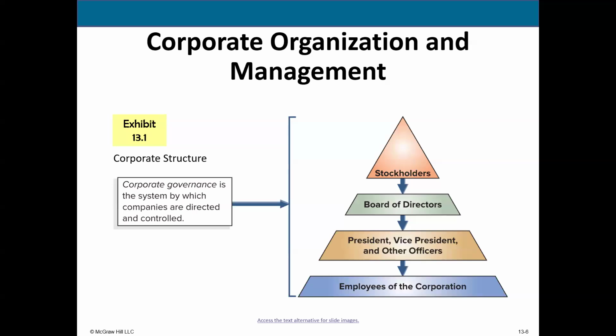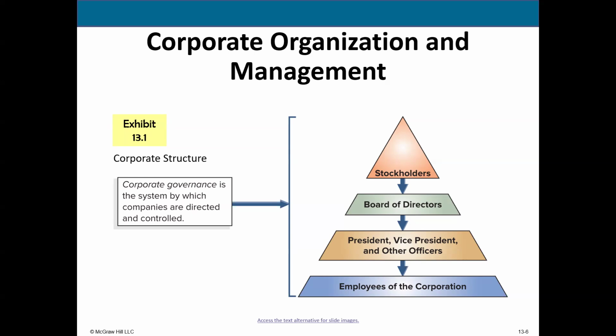This slide here is a typical organization chart of a corporation. You'll notice that at the very top of the organization chart are the shareholders. The shareholders are what drive the organization. The shareholders elect the board of directors.